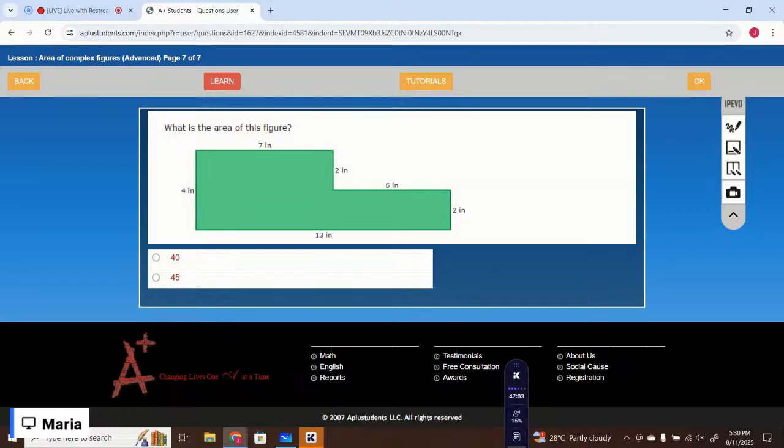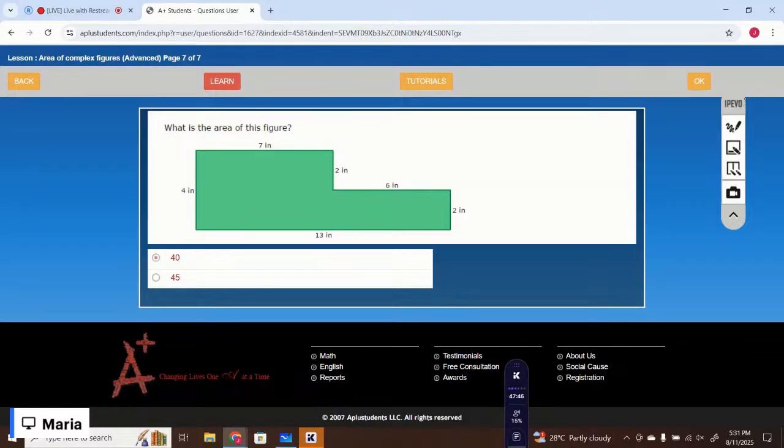What is the area of the figure? 48 is the answer.